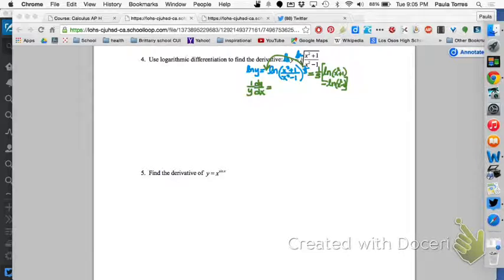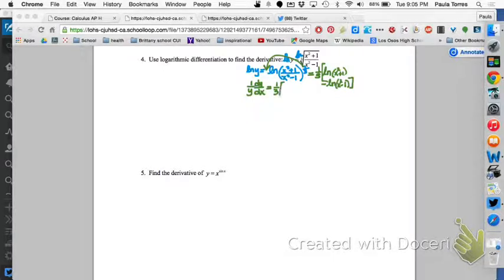So now, when I take the derivative of that right side, I'll have 1/3.